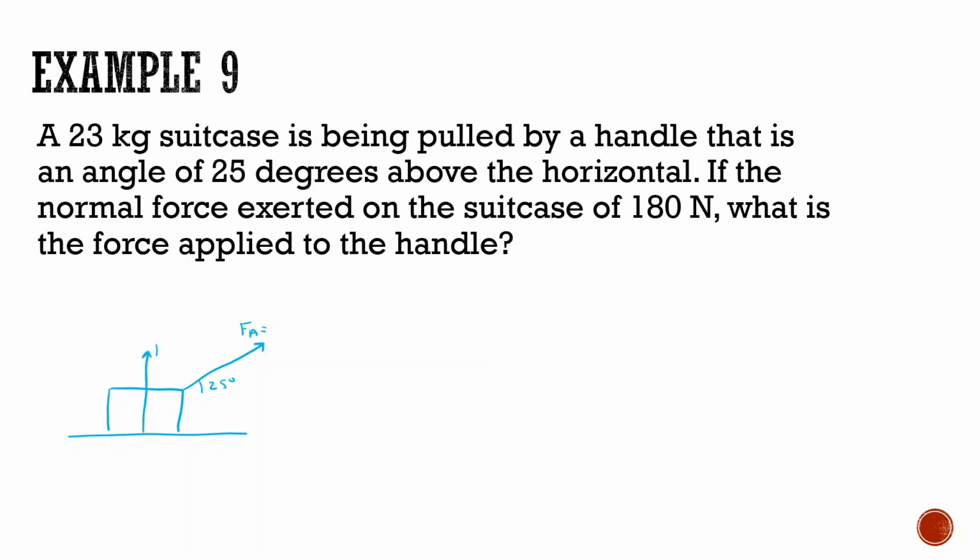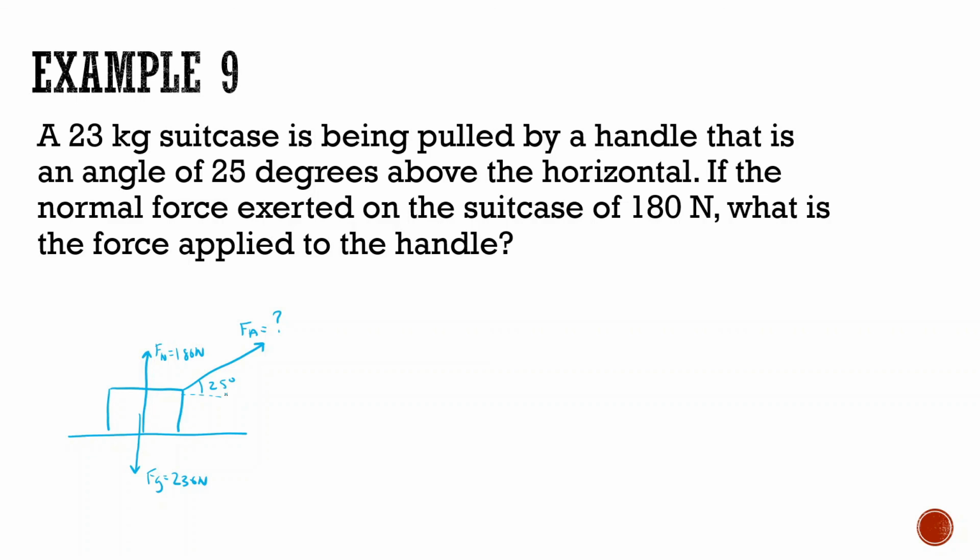Normal force is equal to 180 newtons. 23 kilogram suitcase. So we should also know that the force of gravity is going to be equal to 230 newtons. And we want to know what this force applied is going to be equal to. Okay. Looks like a little bit of a tricky question, but let's figure this out.